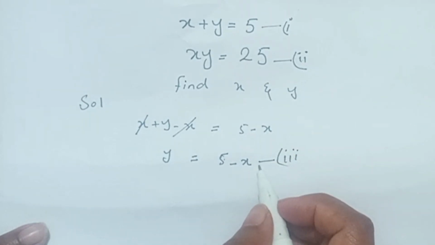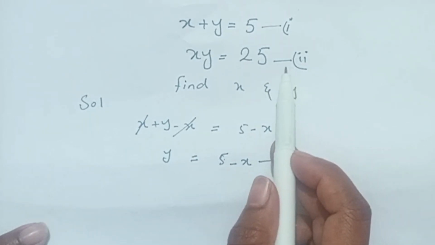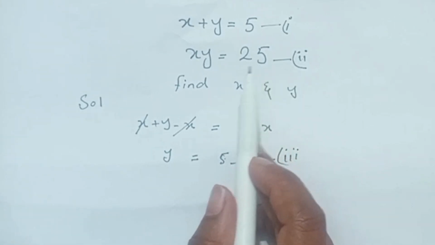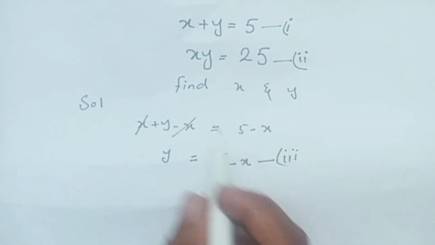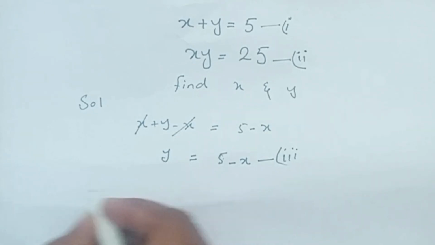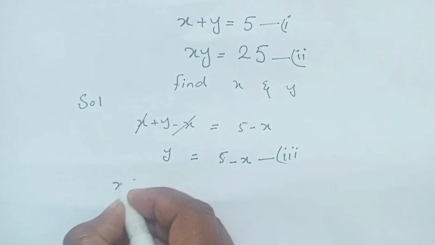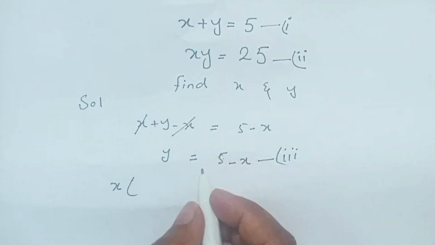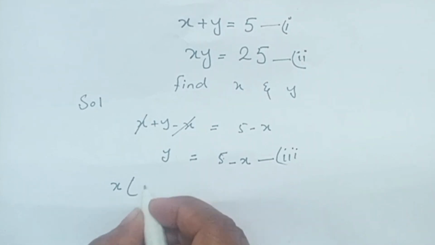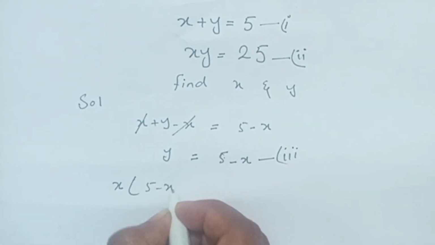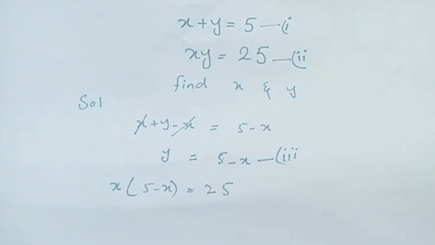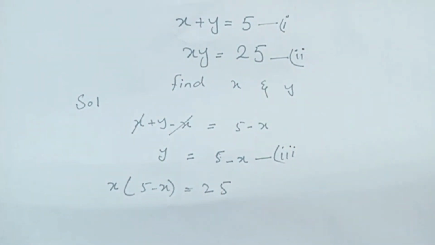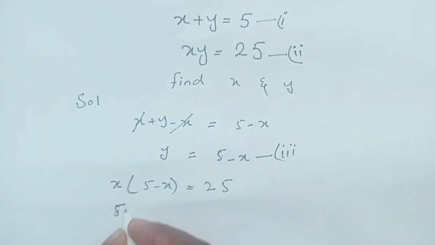And now in the next step, look at equation 2. In equation 2, the product of xy is equal to 25 and y is equal to 5 minus x. So here we write x times y, which is 5 minus x, is equal to 25. Now we multiply this x by 5, we get 5 times x.